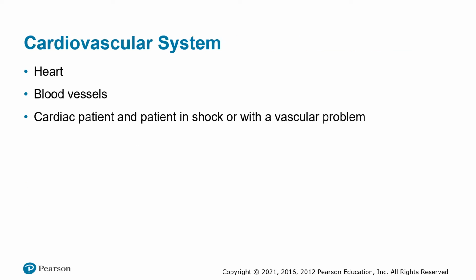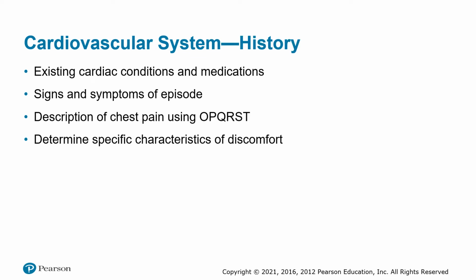The cardiovascular system includes the heart, the blood vessels, and the cardiac patient or patient in shock, or a patient with a vascular problem. History: existing cardiac conditions, so CHF is one of those things. Any previous heart attacks, any kind of heart conditions, do they have a pacemaker, do they have a defibrillator?